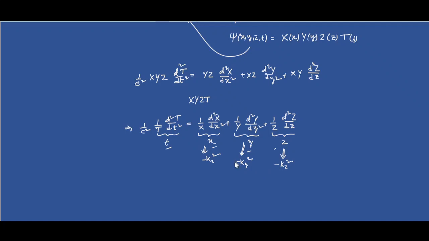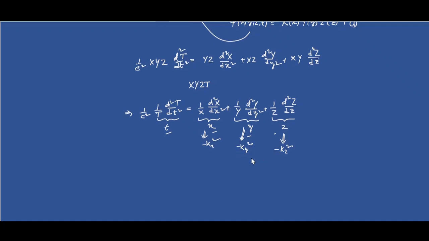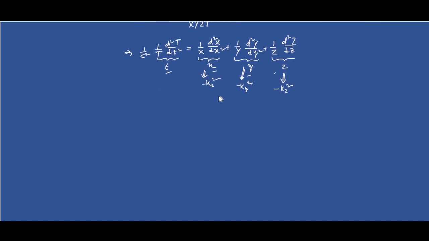I'm writing this considering kx, ky and kz because later we will find that these are the wave vector along x, y and z. In general, the wave vector will be like this: kx x cap plus ky y cap plus kz z cap. So if we consider like that, you will get that.